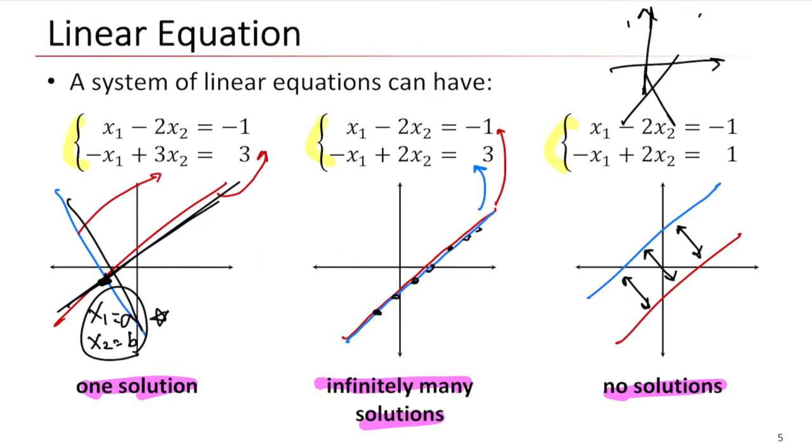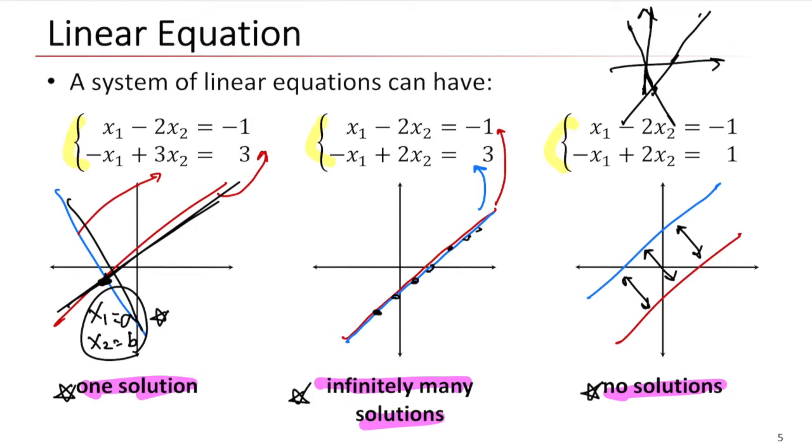Okay, let's draw again. Like this, there are only 3 possibilities: the one solution, infinitely many solutions, and no solution case. These two lines cannot meet at 2 or 3 or 4 points because we are dealing with a linear equation.